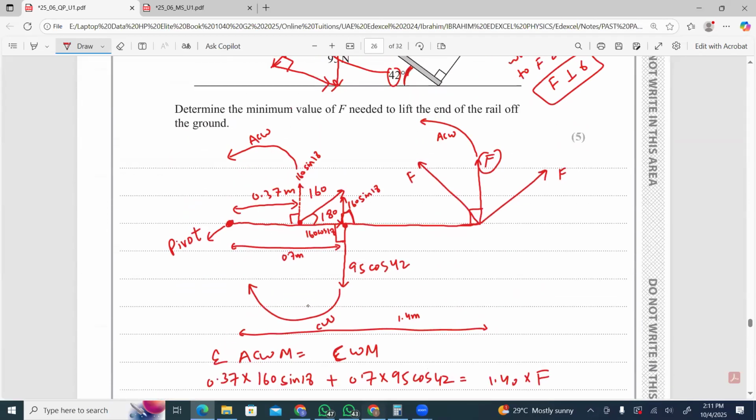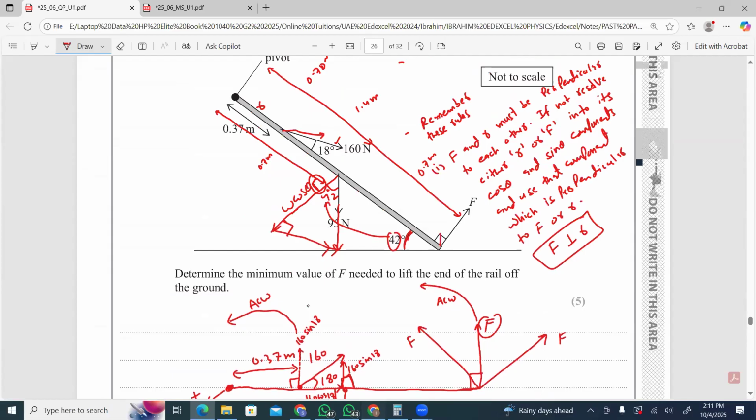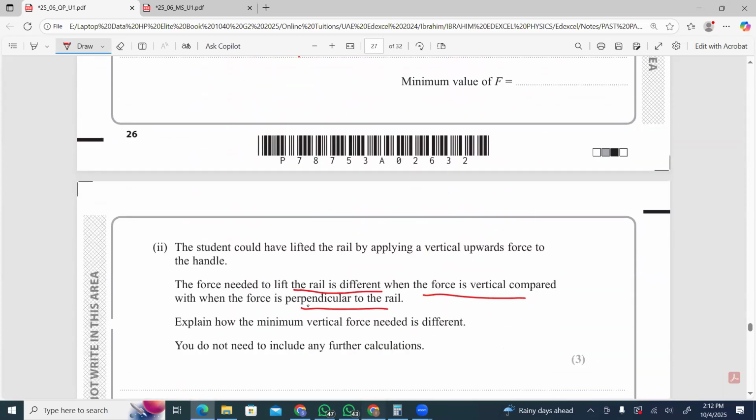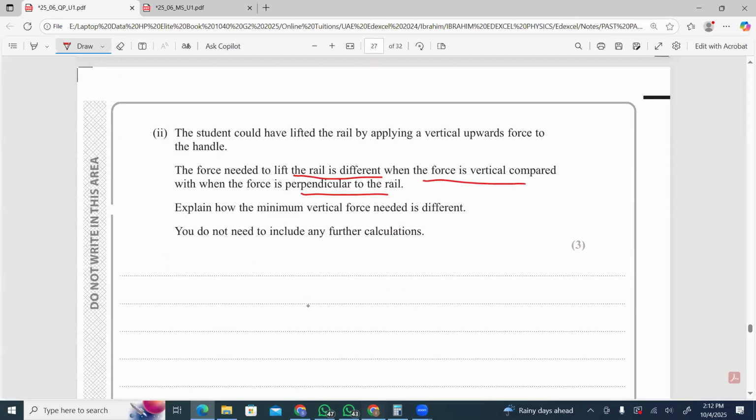It means now you're applying the force vertically. Before it was perpendicular to the rail. So this is the new position, and this was the old position. Now they're asking, what will be the effect when you do this?